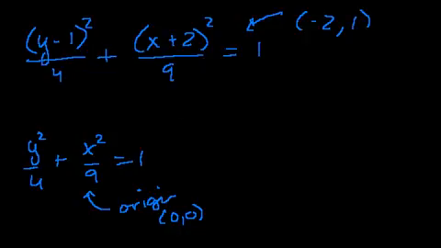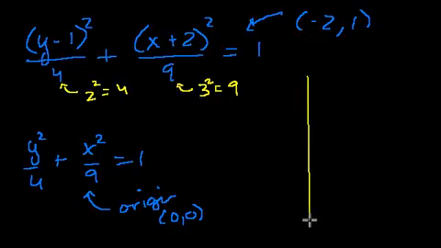So if you were to graph this, your radius in your y direction is 2, since 2 squared is equal to 4. Your radius in your x direction is 3, since 3 squared is equal to 9. So your x radius is actually larger than your y radius. It's going to be a little bit of a fat ellipse. Actually, let me draw the axes first.